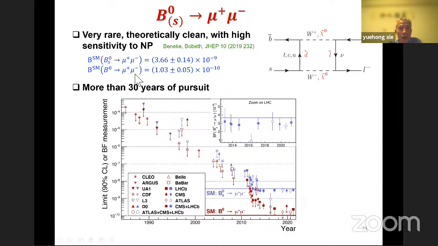And so far there is no significant signal of the B0 decay to mu plus mu minus. Today, what I want to discuss is the recent combination from the three LHC experiments using data collected between 11 and 16, and also a recent update by LHCb using the full Run 2 dataset.